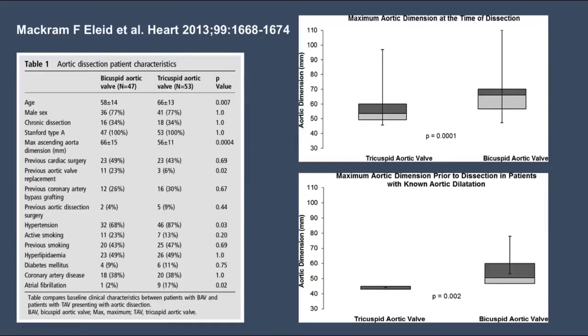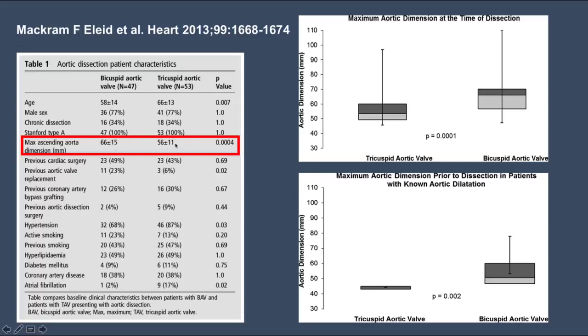I think another factor that played a role in this change in recommendations is that a couple of studies have now looked at the characteristics of those with a BAV versus a tricuspid aortic valve and dissections. What they found was that individuals with a bicuspid aortic valve tend to dissect at larger aortic sizes than those with a tricuspid aortic valve.